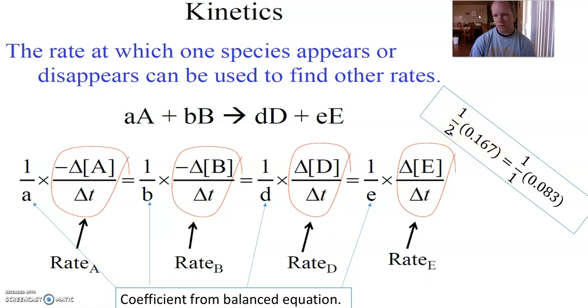And remember, it had a coefficient of 2 compared to our rate for A2, which had a coefficient of 1. If we do the math, this all works out nicely. So we can use the rate of one thing to find the rate of anything in the reaction.